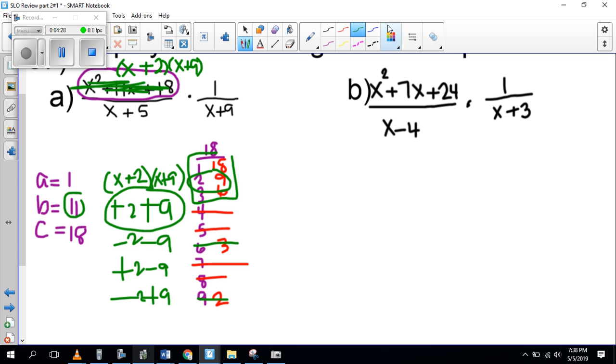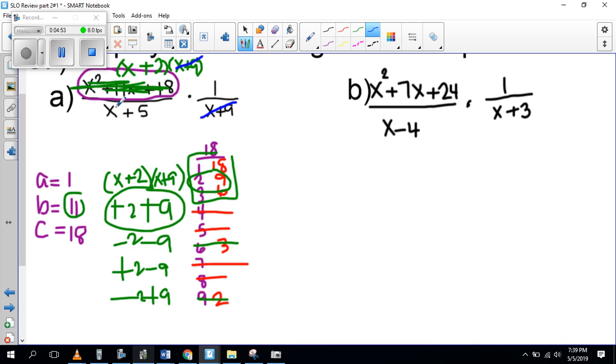Now I'm looking for anything that is exactly the same that I can mark out. So do I have another x plus 2 somewhere? No. What about another x plus 9? Yes. And they have to be either on top of each other or diagonal, like straight across. Okay? So now I don't have anything else to mark out.